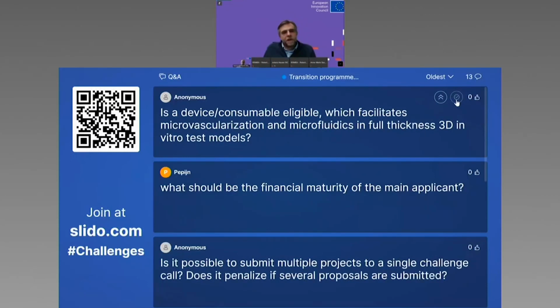Is a device consumable eligible which facilitates microvascularization or microfluidics in full thickness 3D in vitro test models? Well, why not? If there is a market for it, this would belong to the family of products targeting research. Probably if you're talking about organ on a chip and you want to improve vascularization in that organ on a chip, why not?